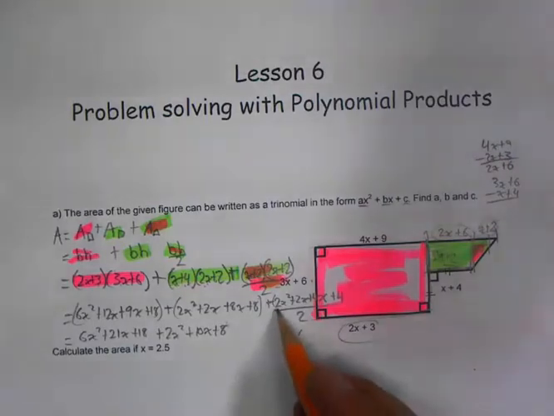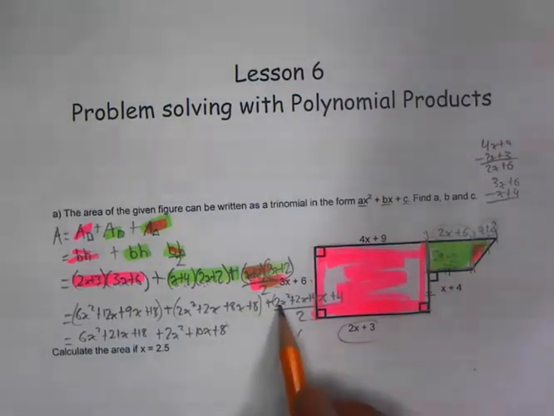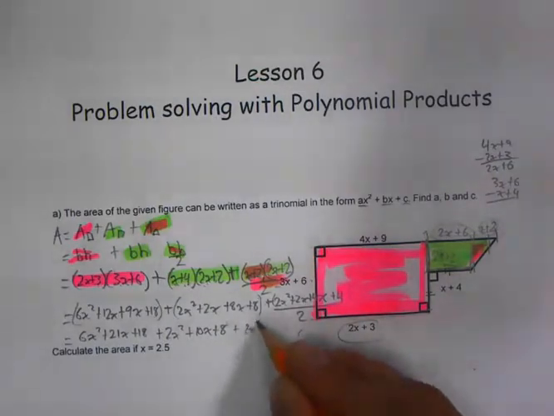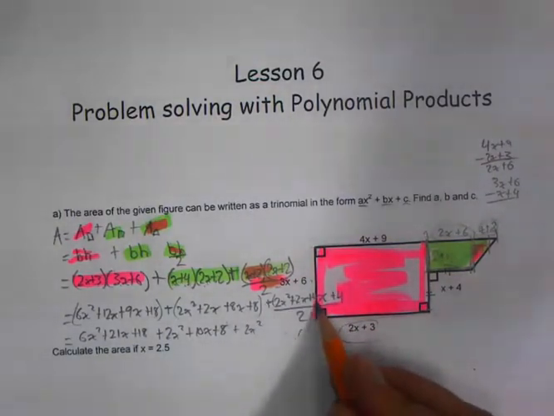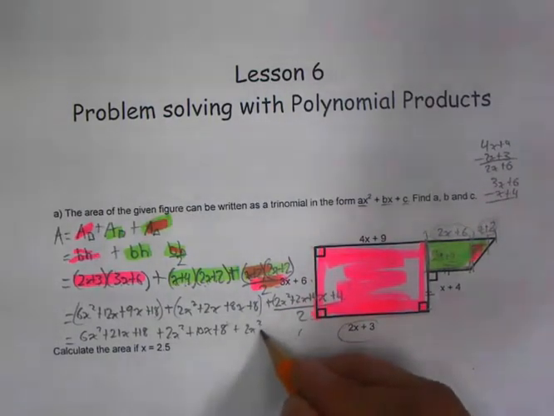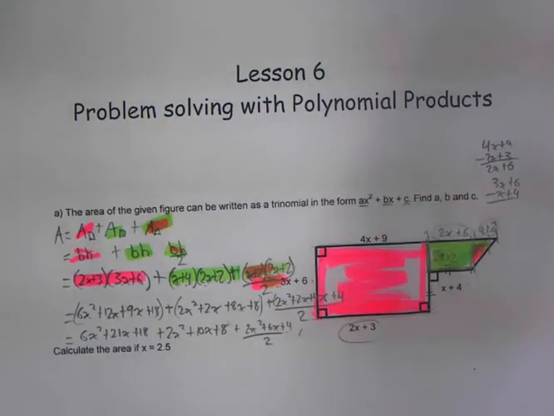And now this one here, I have 2x squared plus 6x plus 4. And this is all divided by 2.